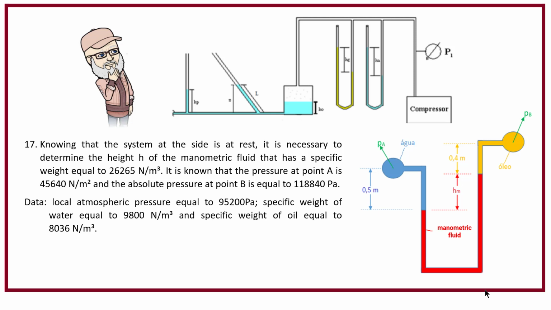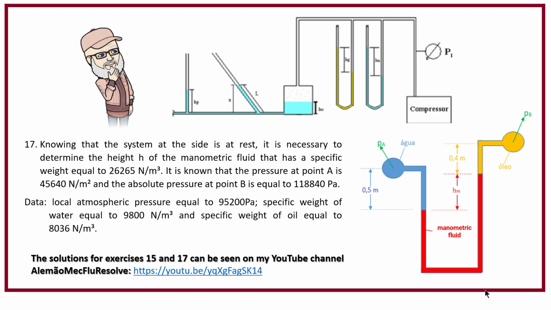Data. Local atmospheric pressure equal to 95,200 Pascal. Specific weight of water equal to 9,800 N per cubic meter and specific weight of oil equal to 8,036 N per cubic meter. The solutions for exercises 15 and 17 can be seen on my YouTube channel Alama Mekflu.